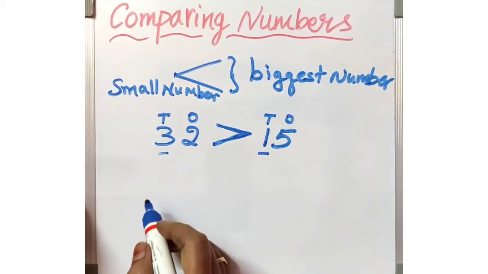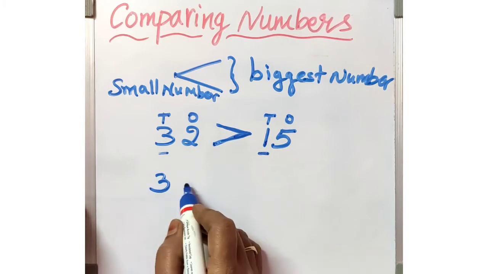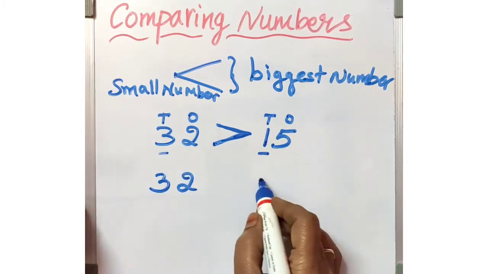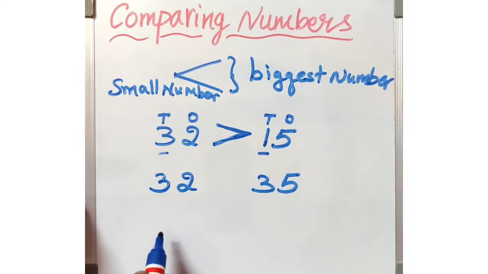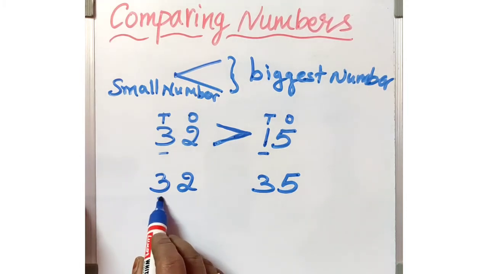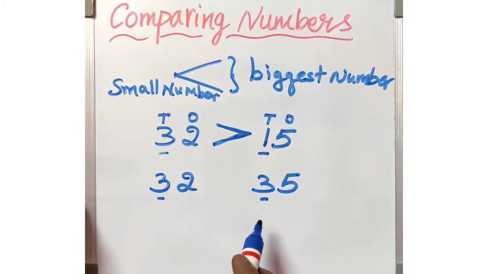Now let us take one more example. The same number we can take, 32 and 35. We have to compare these two numbers. I have already told you, when we are comparing 2-digit numbers, we have to compare the tens place first. So here in tens place we have 3 and here also we have 3. Both the digits are same.